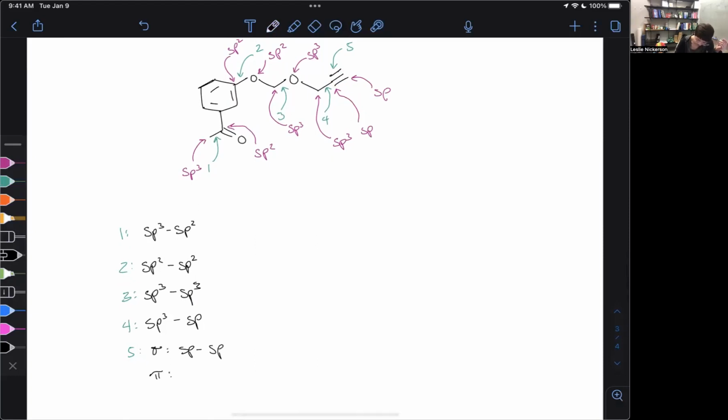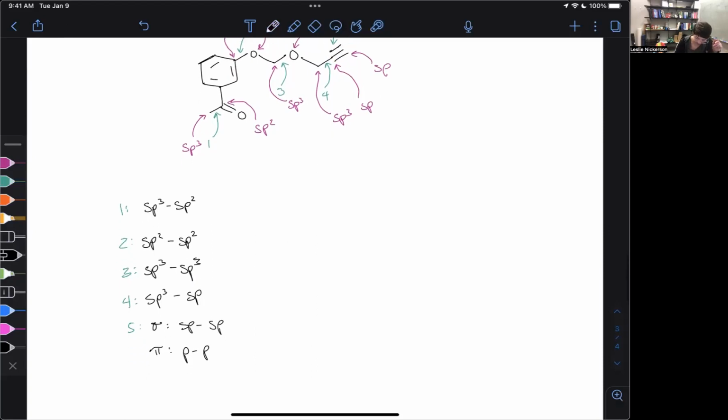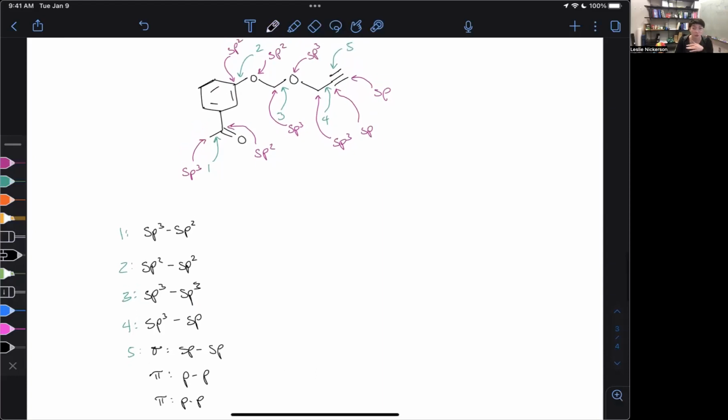The pi bonds are only made of 1 orbital type, the p orbital. So that's a p and a p orbital combining together to make that pi bond. And then our second pi bond is going to be the same thing. Okay, so pi bonds always made by p orbitals, sigma bonds always made by hybridized orbitals.